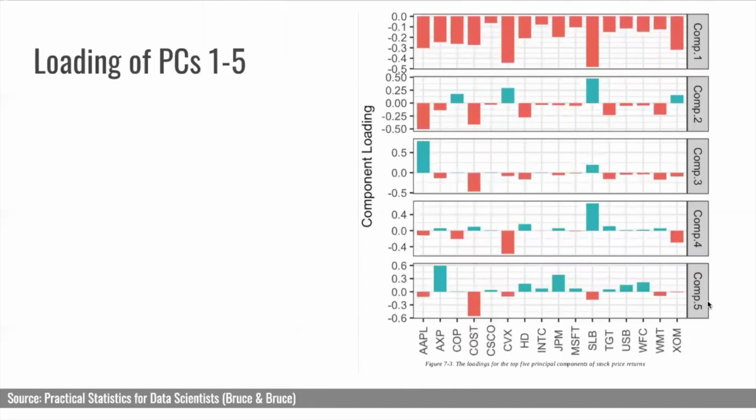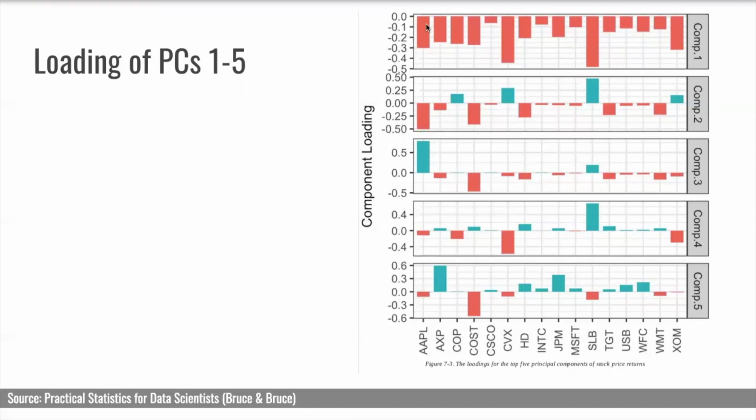When we look at what that means under the hood and we look at the component loadings, and that's what we have on the y-axis here, across our 16 top companies, we can start to see in each principal component what the loading is for each specific stock.